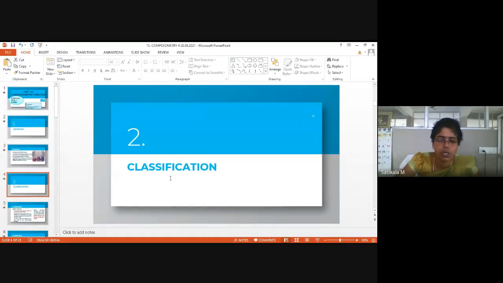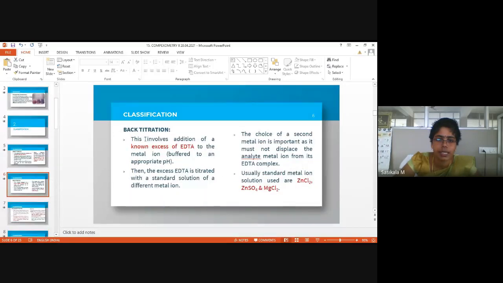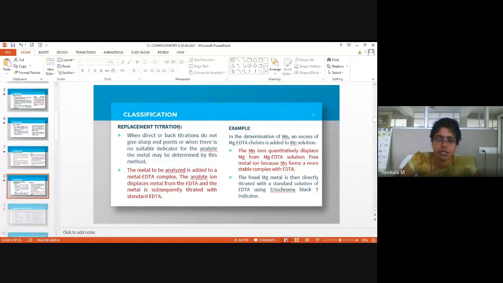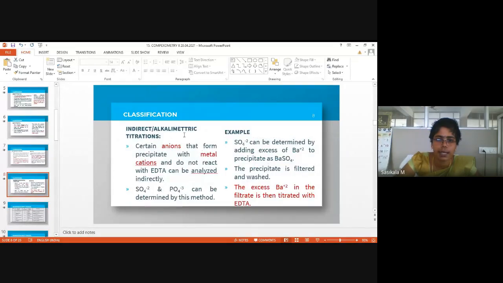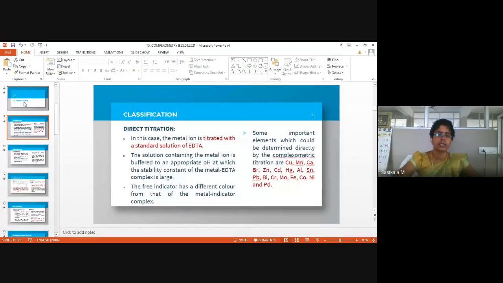Next we'll move on to the classification of complexometric titration. Complexometric titrations are classified into 4 categories. First is direct titration. Second is back titration, then replacement titration, then indirect or alkalimetric titration. Okay, there are 4 types of titrations.